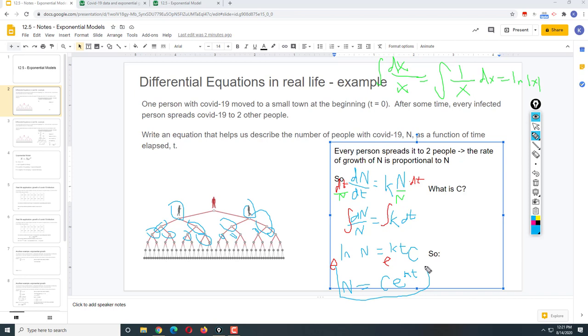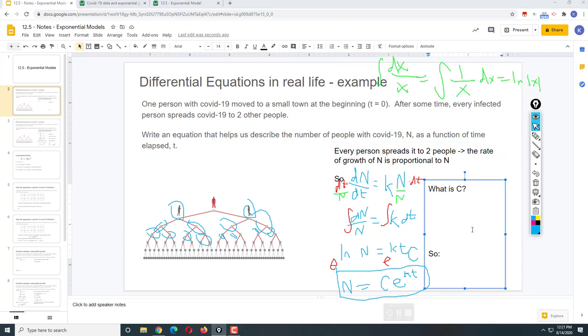So we have an exponential function. N equals c times e to the kt. Now what is c? Well, when t equals 0, e to the 0 power is 1, then n equals c.